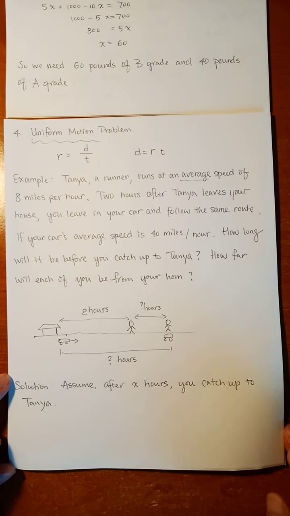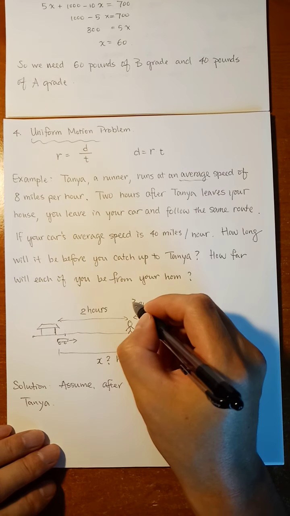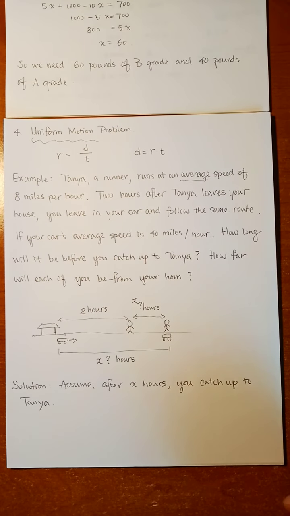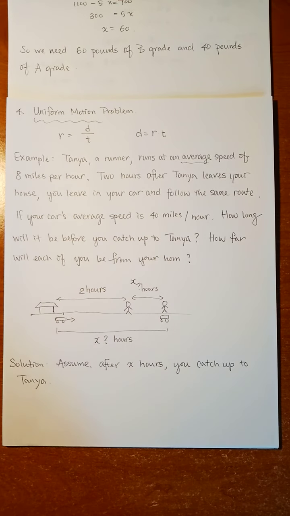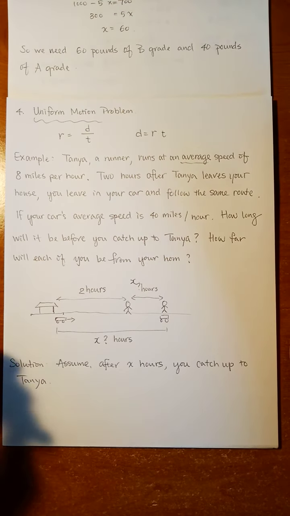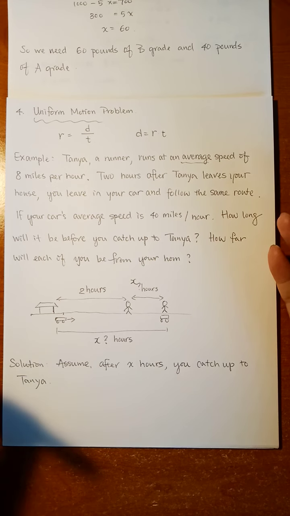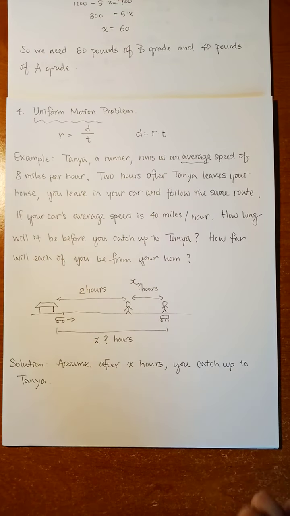Okay, you catch up Tanya after X hours. Now you can put X here. Then you're supposed to solve for X. You solve for X, you need an equation. And the equation means you have two parts. The left side is equal to the right side. So you have to know what is the equal quantity.